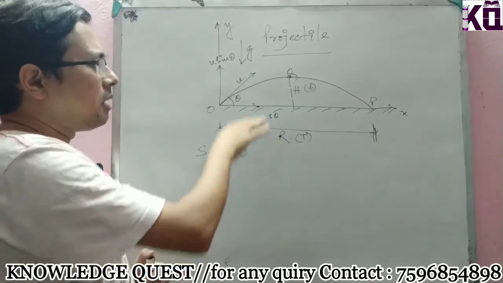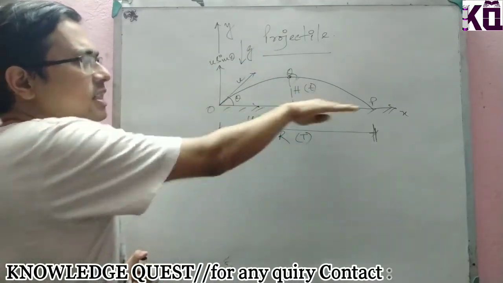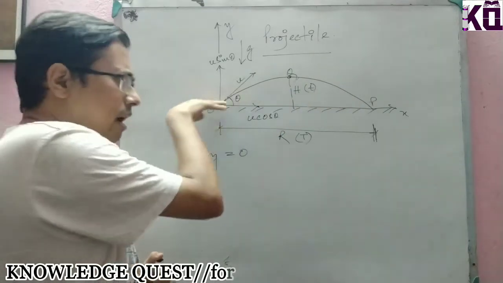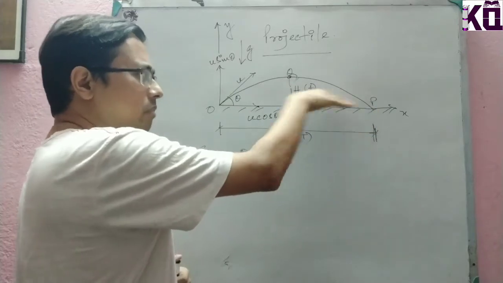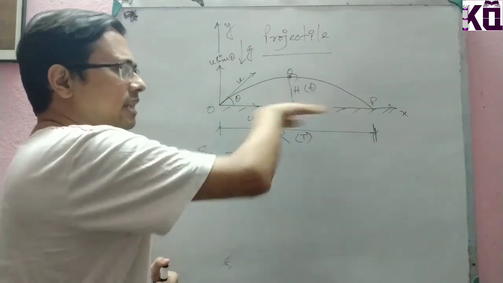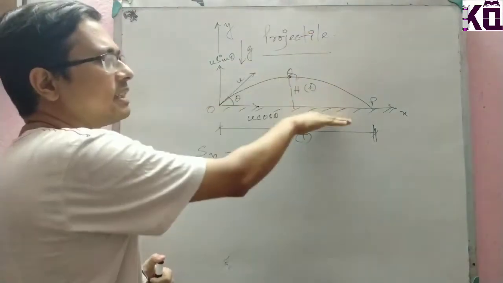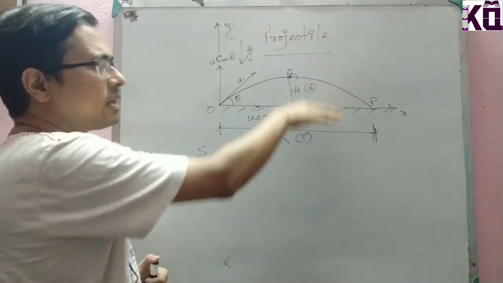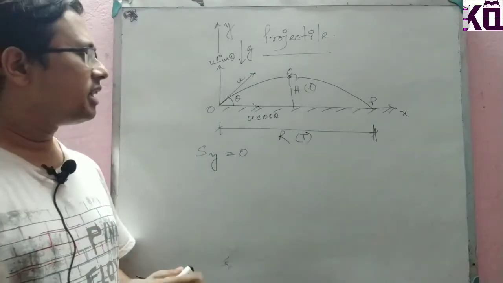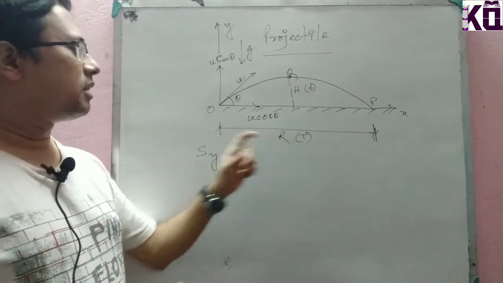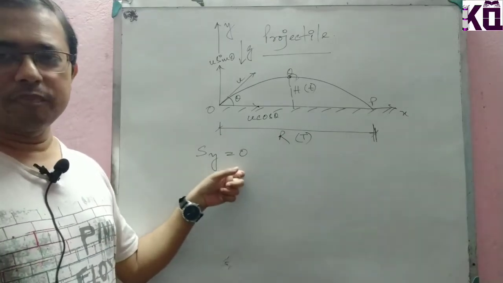But in y direction, initially it is on this line at O, and after time T it lies on the same line, OX, at P. That means in y direction there is no displacement in time capital T. So in capital T time the displacement Sy must be equal to 0.